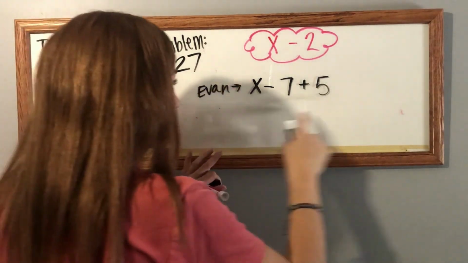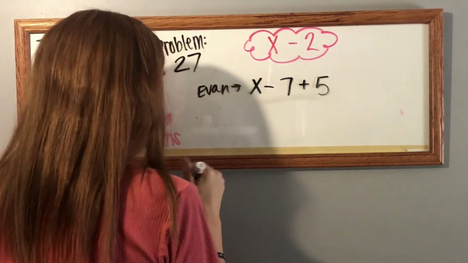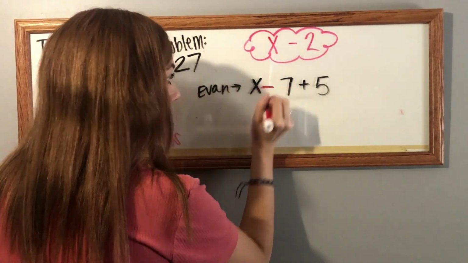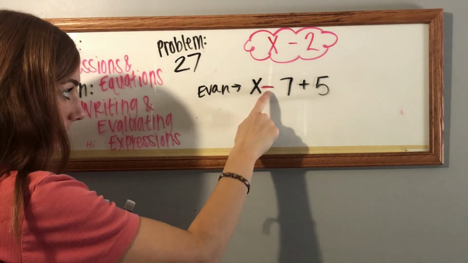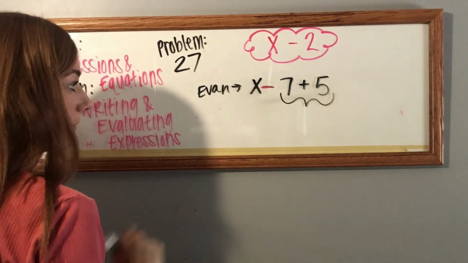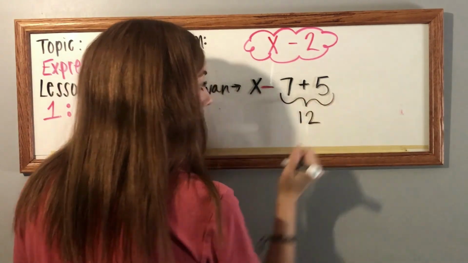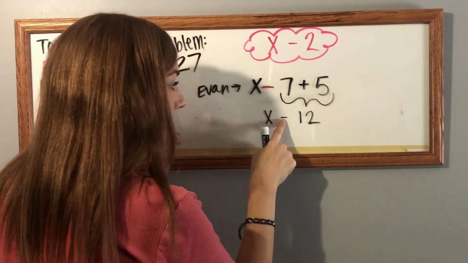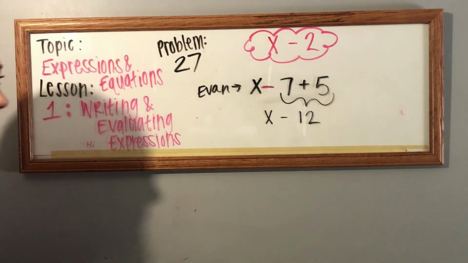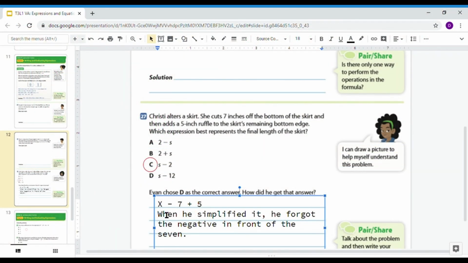However, when he simplified it, he forgot the negative in front of the 7. So basically, what Evan did was he left x minus and he just did 7 plus 5. And when you add 7 plus 5, you get 12. So that's how Evan came up with answer D, S minus 12, because he forgot about this little symbol right here, that negative.